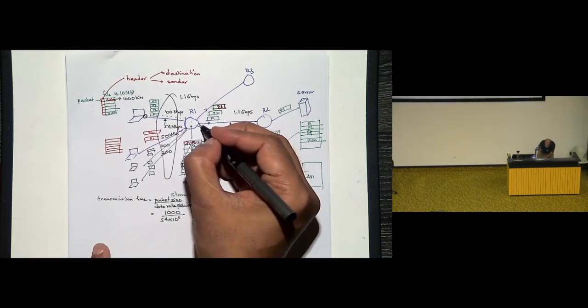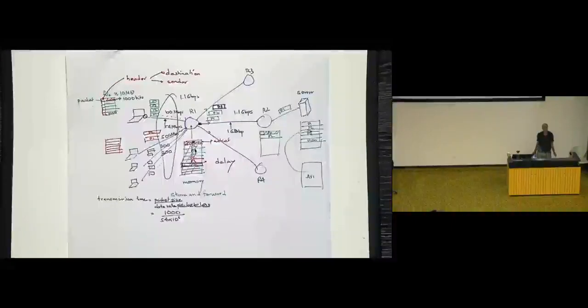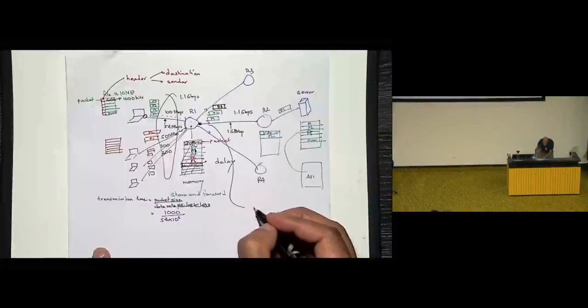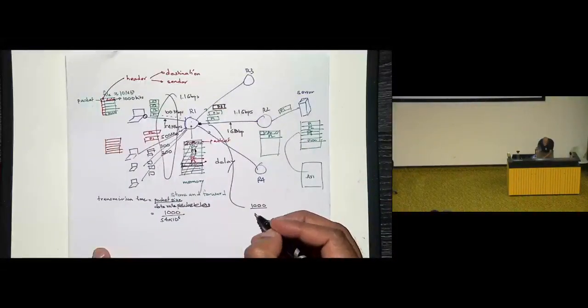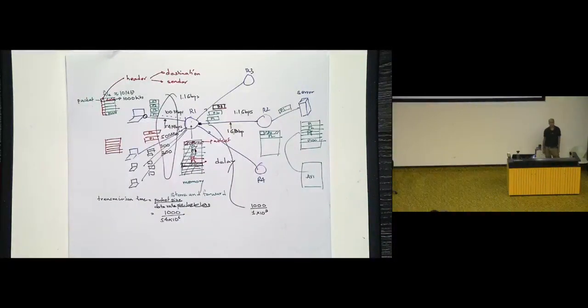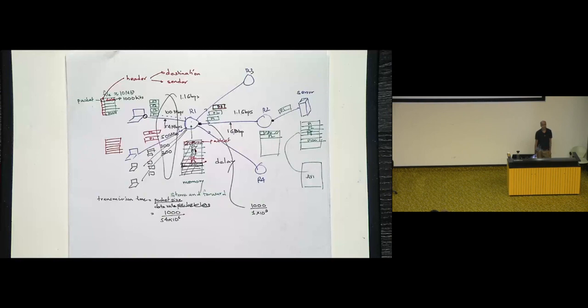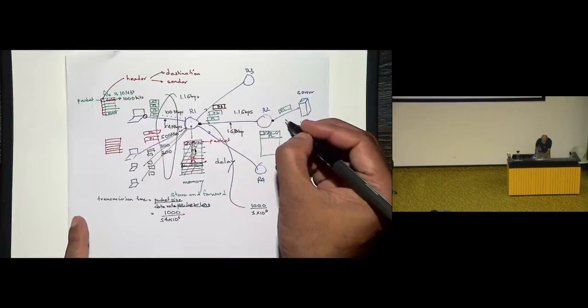But then this router also has to transmit from this end to this end. So this particular router is going to take 1000 bits, and since I wrote 1 Gbps here, 1 into 10 to the 9. And similarly, we have to do a transmission here, and there will be some data rate here.